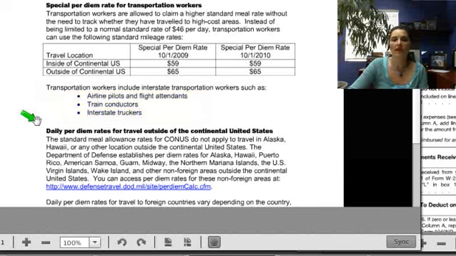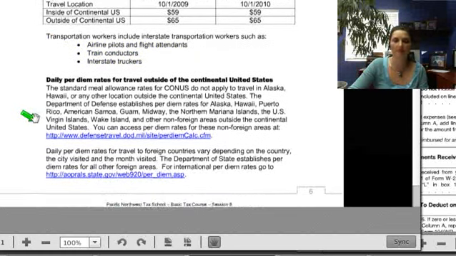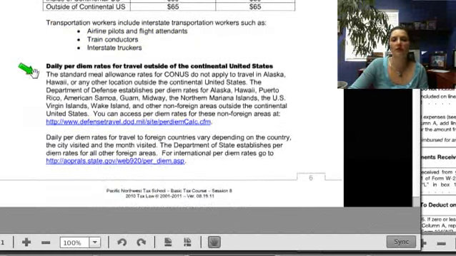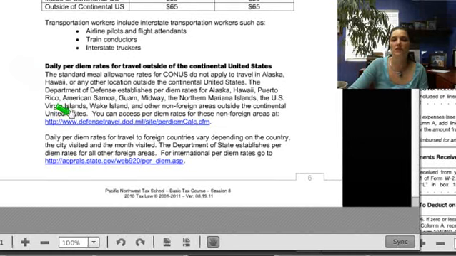Now, what happens if you are traveling outside of the United States? The standard meal allowance rates for CONUS, inside the continental United States, do not apply to travel to Alaska, Hawaii, or any other location outside of the United States. The Department of Defense has established per diem rates for Alaska, Hawaii, and all of the U.S. territories, and you can access per diem rates for these non-foreign areas by following the link that we've inserted in the manual.